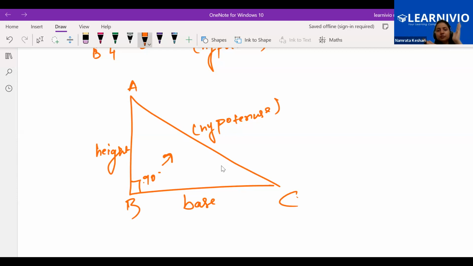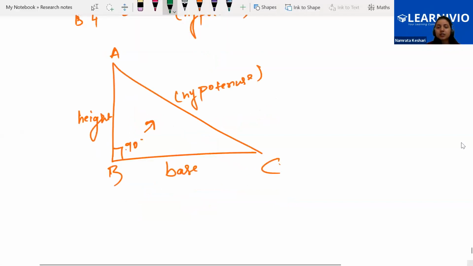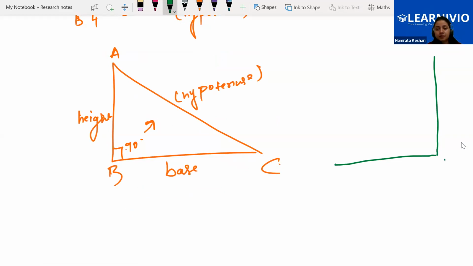If we are having the triangle this way and you tilt it, your base and height can change, but the hypotenuse will be the same if I turn the triangle. Check it.